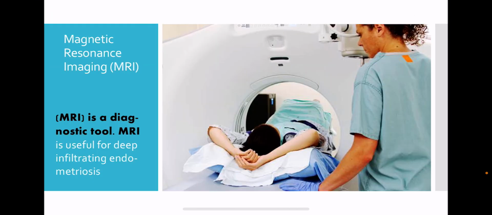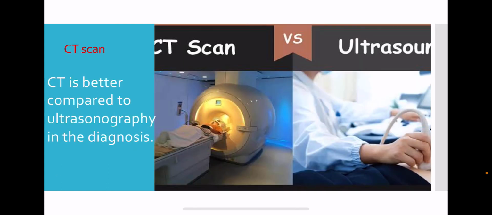Next, magnetic resonance imaging, MRI. MRI is a diagnostic tool. MRI is useful for deep infiltrating endometriosis. CT scan is better compared to ultrasonography in the diagnosis.